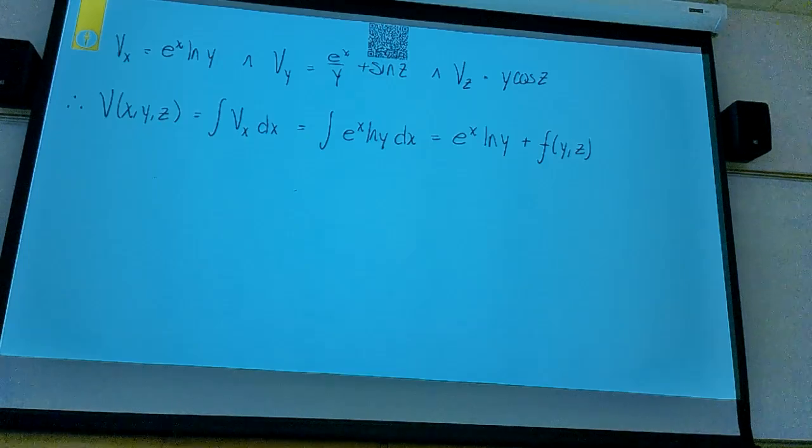Remember, it has to be a constant with respect to x. They have a function of y and z. Isn't that constant with respect to x? So it's plus some function of y and z. Now our goal is to find what that function is.